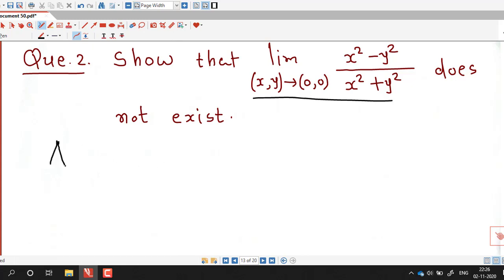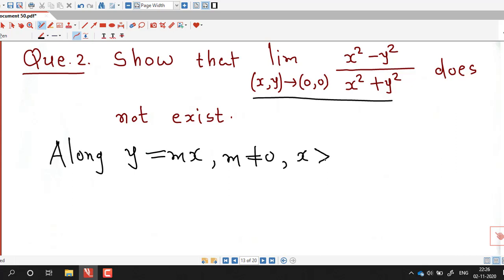We try first a single possible path, along y equal to mx, where m is non-zero and x is non-zero. We could consider x positive or x negative also, but here we consider non-zero x.